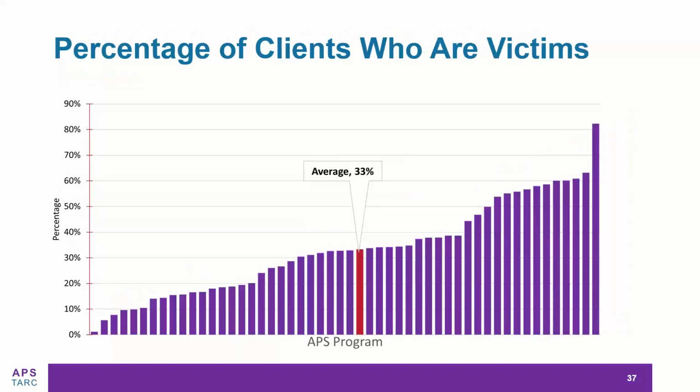Next slide. So substantiation rate. This is just kind of straight NAMRS data. How many of our clients are victims, and you can see nationally the average is 33%.